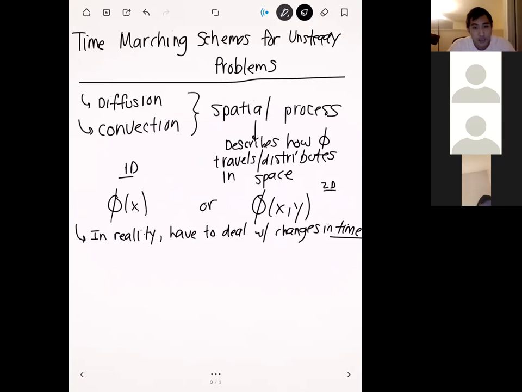Okay. And we also need to add to our governing equation. Right? And so let me write out the 1D version of the conservation equation, at least what we've been working with so far. Okay. And so here's the 1D version of the conservation equation that we've been working with.